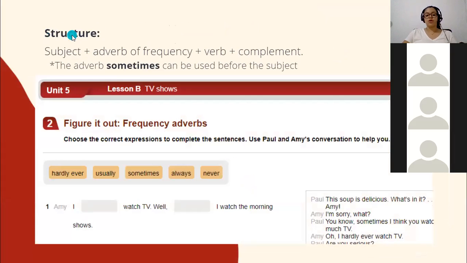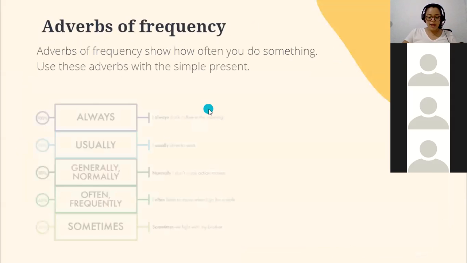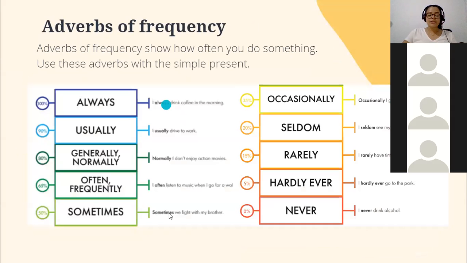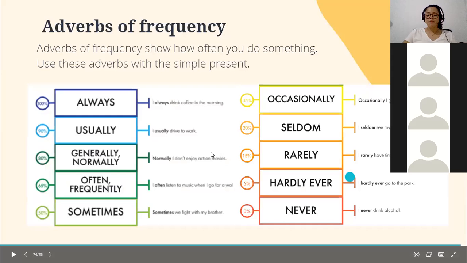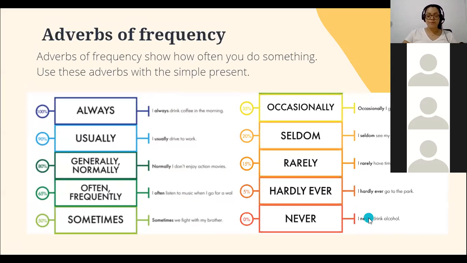What's the structure? ¿Cuál es la estructura? What's the structure when we use adverbs of frequency? Como pueden ver acá, estas palabras siguen un orden en la estructura. Always, usually, often, seldom, rarely, hardly ever, and never.